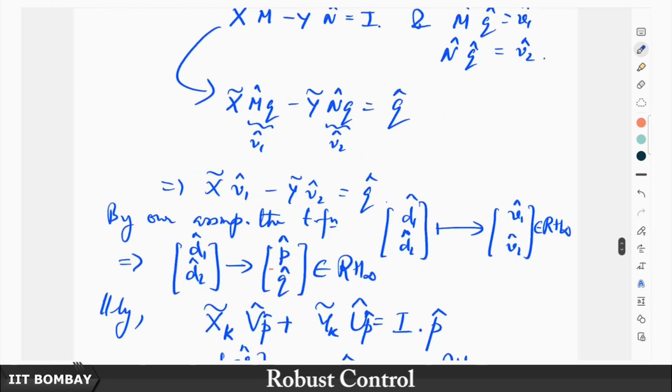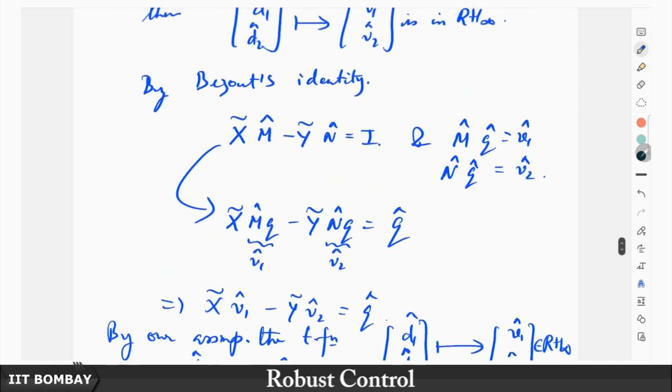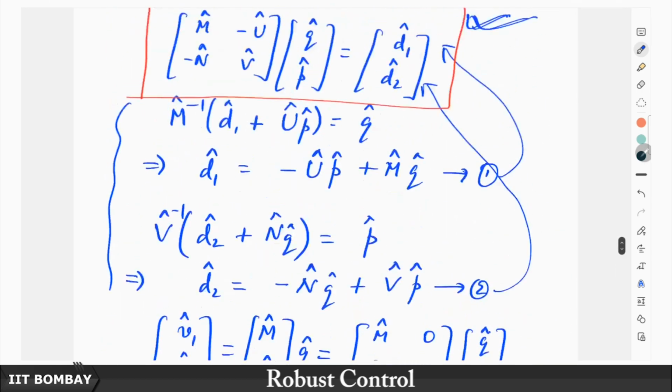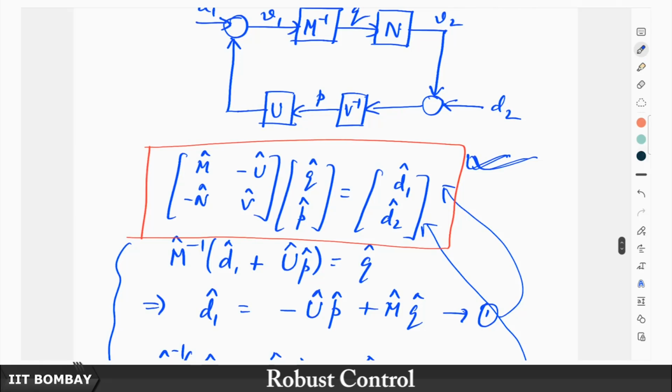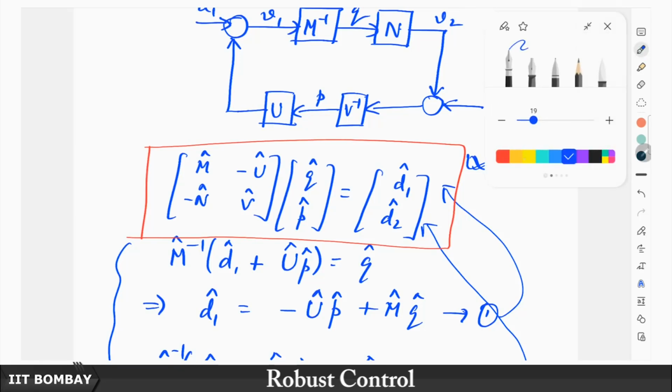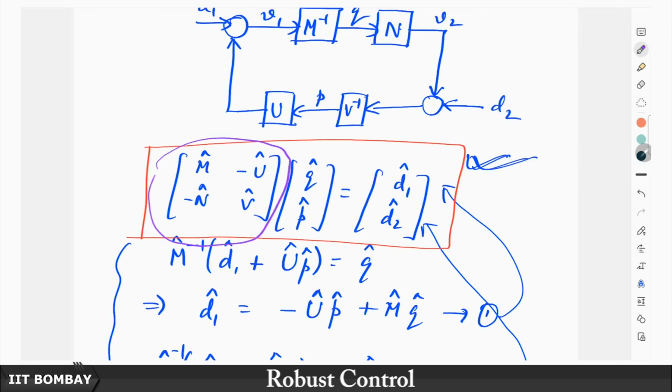So, let me make that very warranted correction here. We should be consistent with this. So, this is Q hat, P hat. Now, we are good to go. So, the inverse of this object, let me mark it in purple color, this purple fellow's inverse is exactly that map which is taking signals D1 hat, D2 hat to Q hat, P hat, and that must be in RH infinity by our argument.